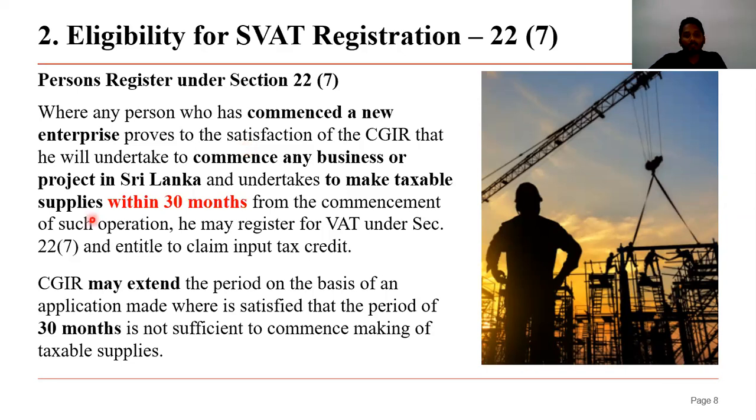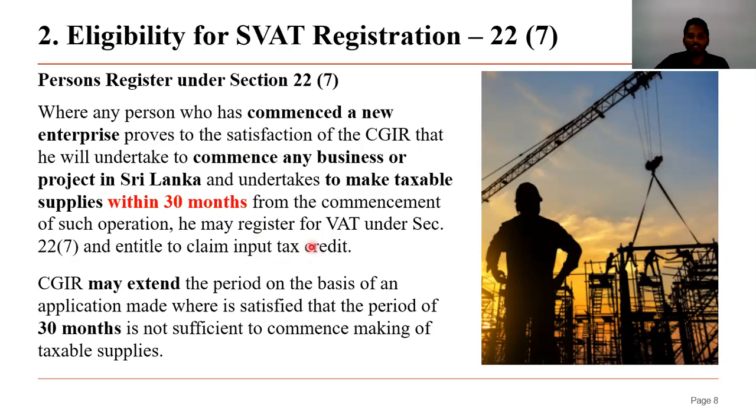Then within 30 months from the commencement of such operation, he may register for VAT, and also he is entitled to claim input tax. Since he is entitled to claim input tax, then again they will end up with a refund. Then in this case, they are again required to register under the SVAT scheme as a RIP, right?